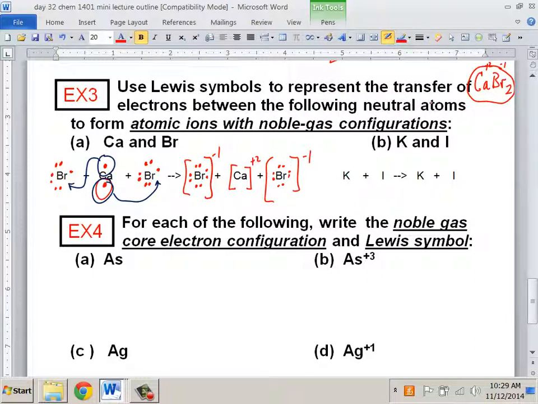So do the same thing for potassium and iodide. How you make potassium iodide. Show the electrons being transferred. Do the same thing for potassium and iodine.